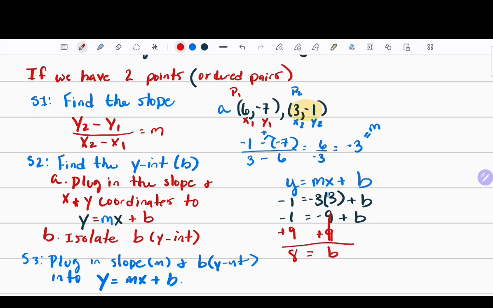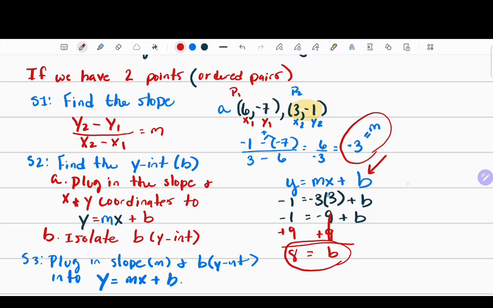So we have our slope. All right. Now we plug that in. We have our y-intercept. So since we have our slope and our y-intercept, we plug that back in to this formula. We just keep using it.